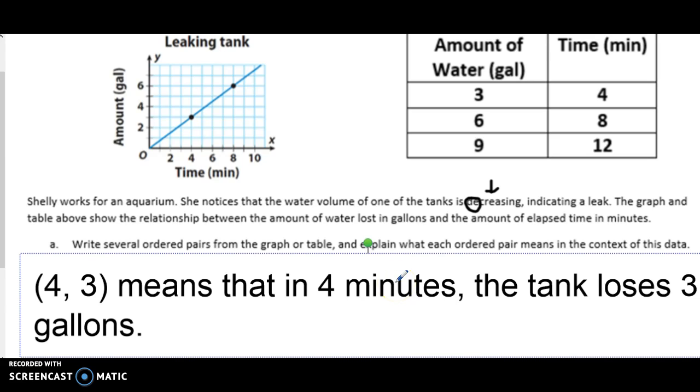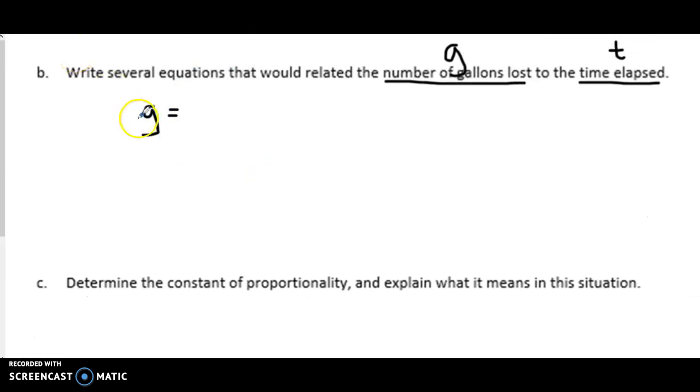The way that I can write this is 3 over 4. So G is going to be 3/4 T. How do I check this?